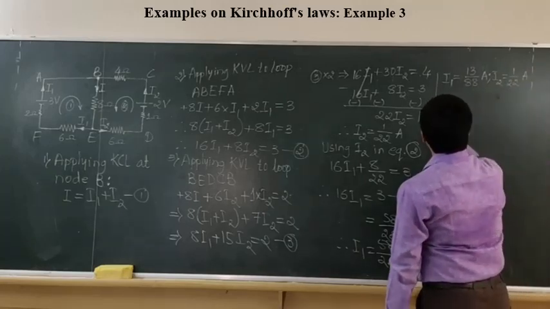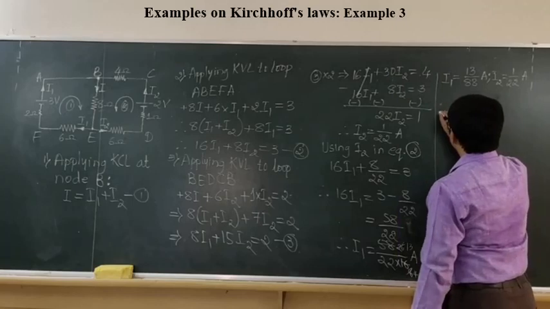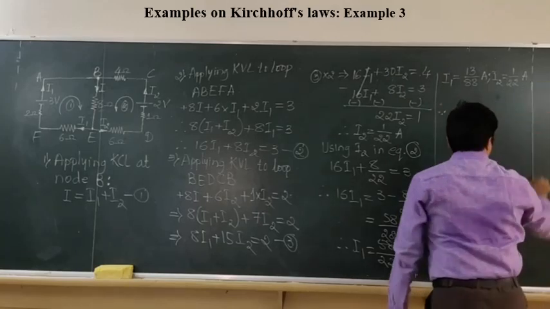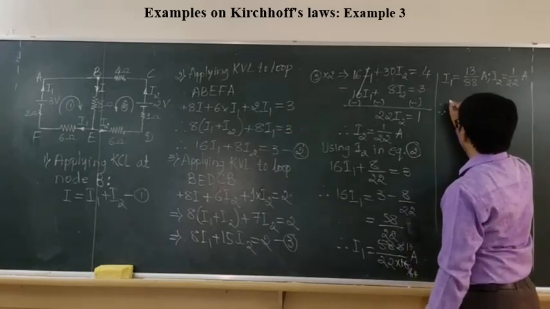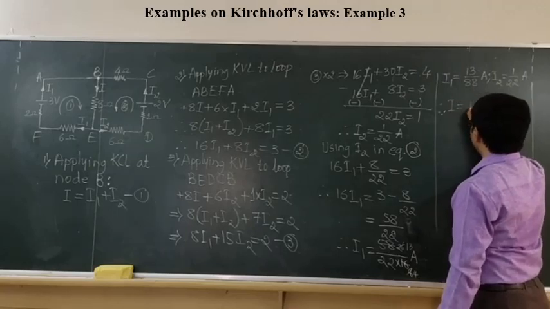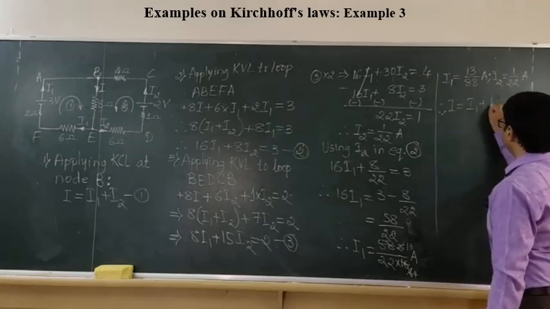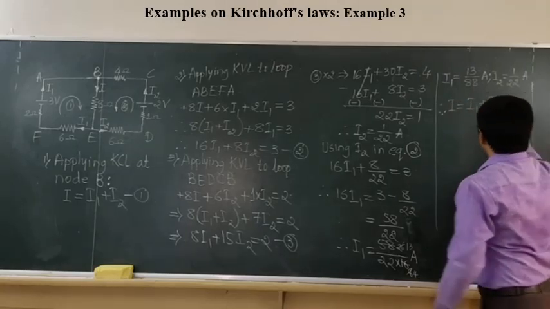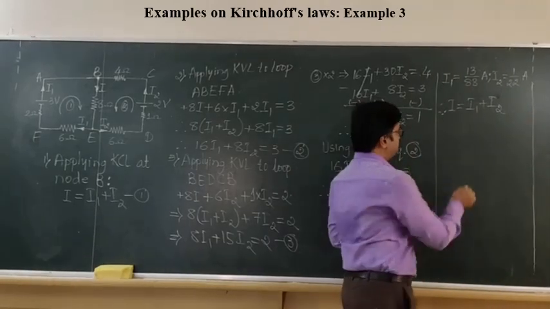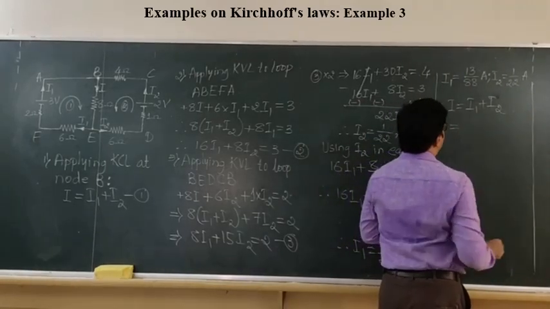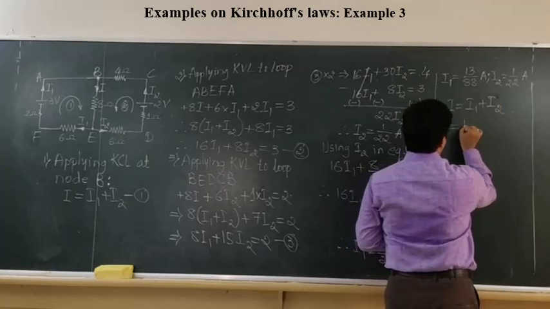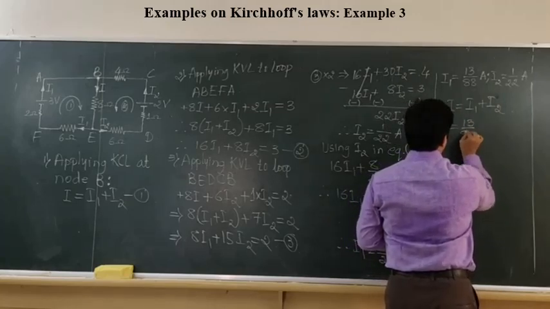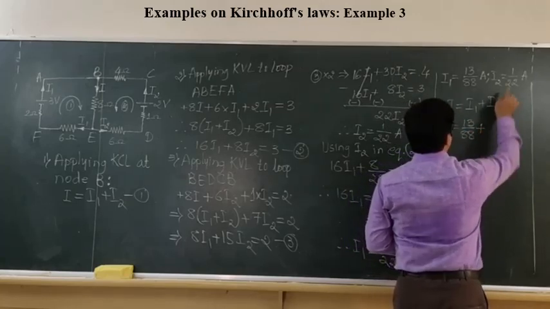Okay, so therefore I is equal to what? I1 plus I2. I is equal to I1 plus I2. This is equal to I1 is 13 by 88 plus 1 by 22.